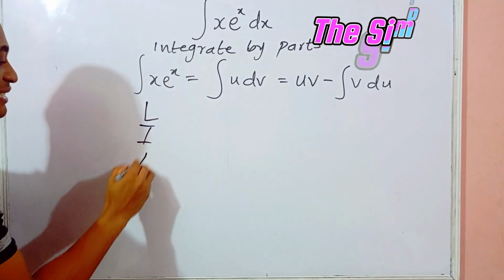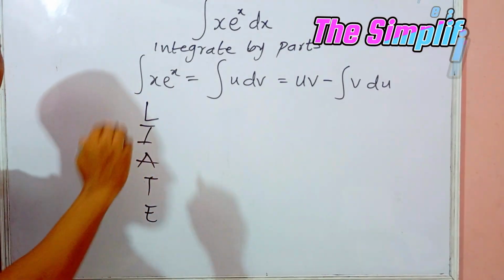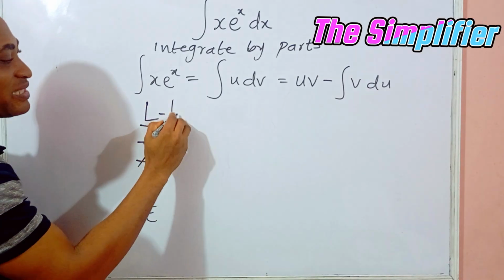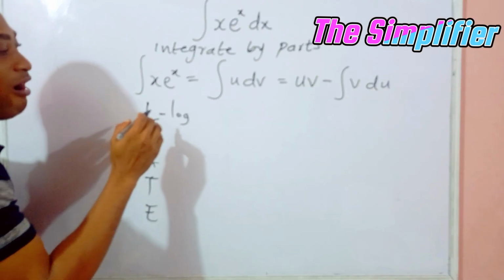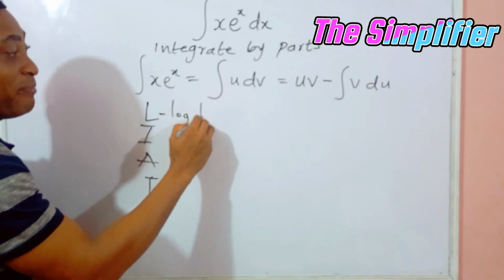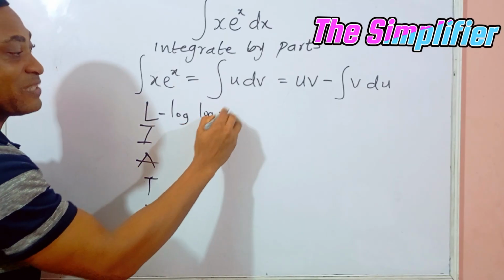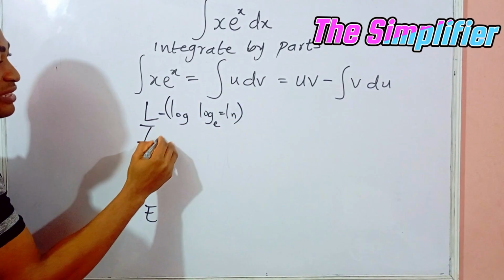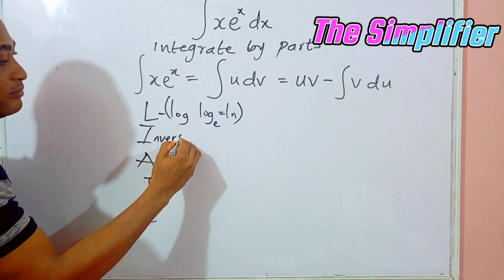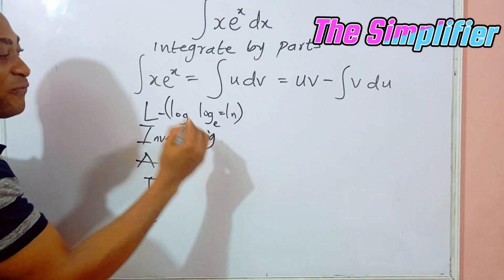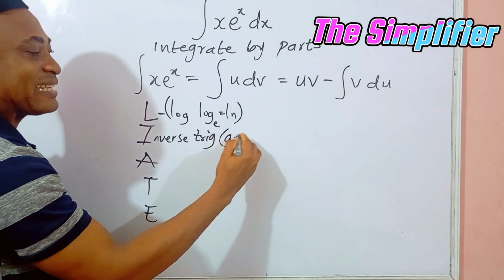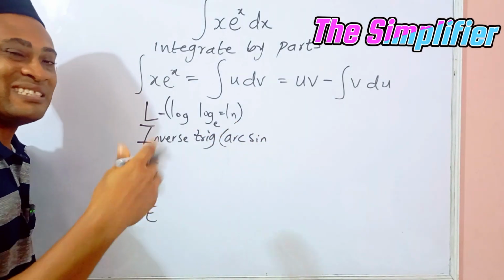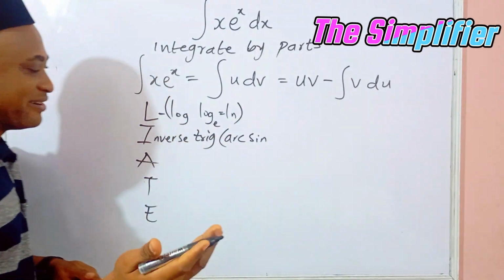Remember your LIATE. Always remember this. Your L represents the logarithm. It can be the log or it can be your ln. Remember, log to base e is my ln, right? So this L can either be log or your ln. The I is the inverse of your trigonometric function. So here I can have arcsine, arctangent, arccosine, and the rest.